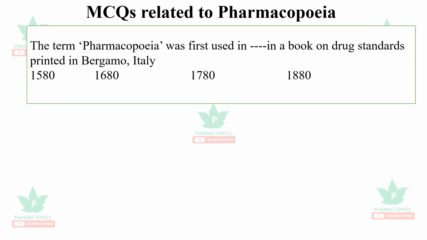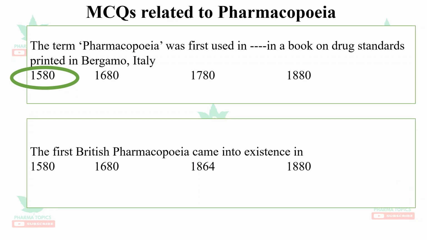The term pharmacopoeia was first used in dash in a book on drug standards printed in Bergamo, Italy. So it was 1580. The first British Pharmacopoeia came into existence in the year 1864.